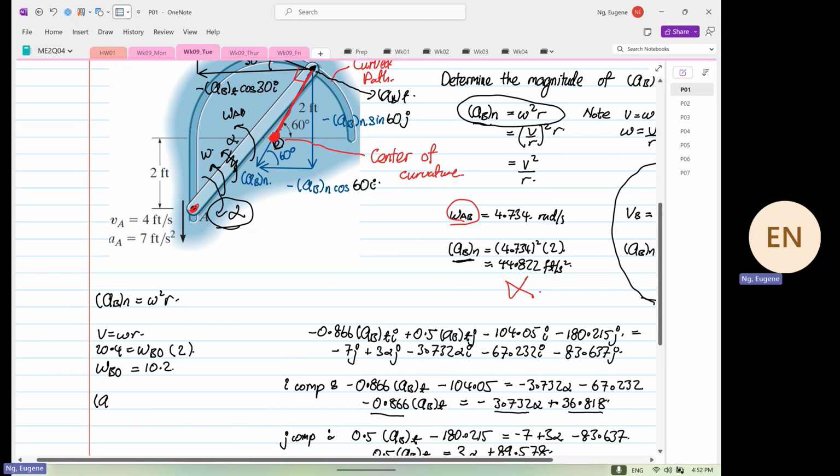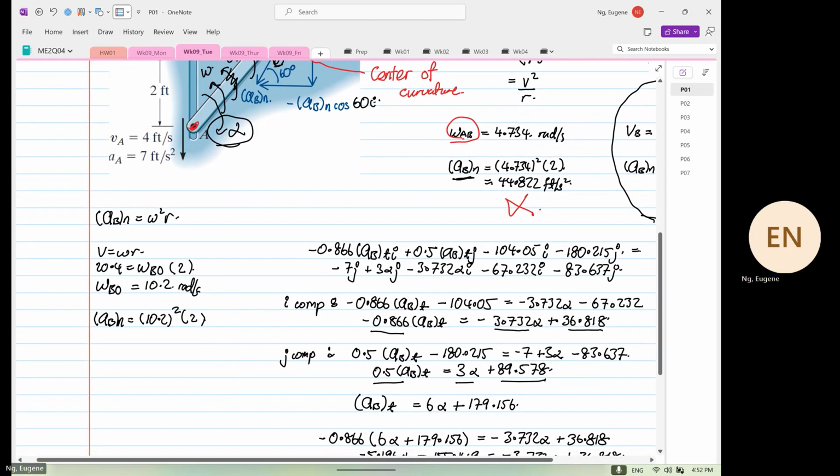So if you want to use this ABN, you have to use 10.2, and now this is radians per second, squared, multiplied by the radius of 2. So you get 10.2 squared multiplied by 2, you get 208.08 feet per second squared.